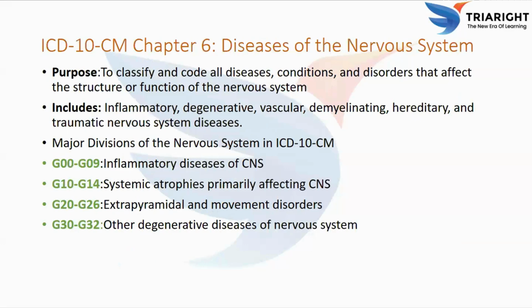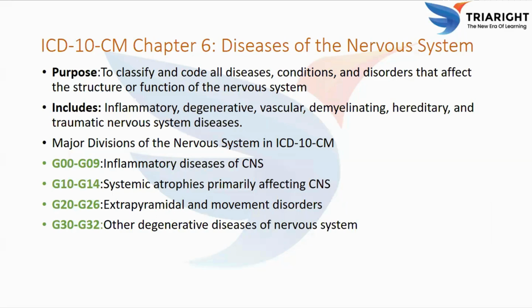Coming to the classification of the G series codes. What is the purpose of this chapter? The purpose is to classify and code all the medical conditions that affect the structure or function of the nervous system, such as the brain, spinal cord, nerves, neuromuscular junctions, and muscles controlled by nerves.